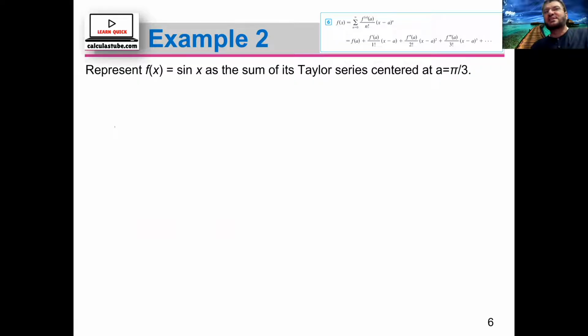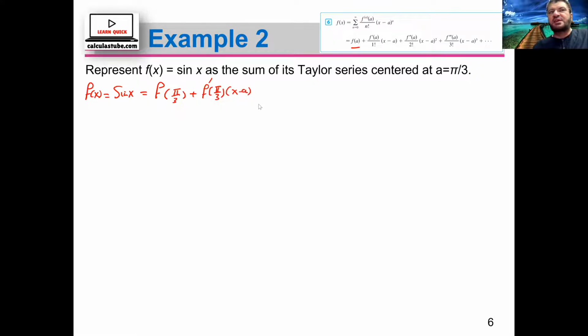Let's look at sine x. I need to find the Taylor series presentation of sine x at a equal pi over 3. Same thing as I said before. We say that f of x, which is here sine x, is equal to f at pi over 3, that's the first thing, f of a, plus f prime at pi over 3 times x minus a.